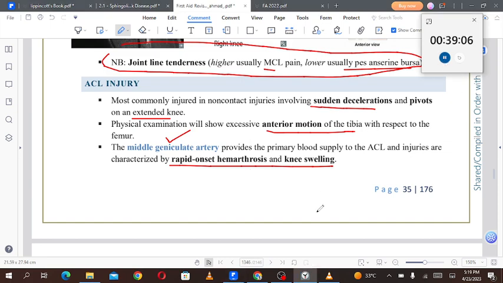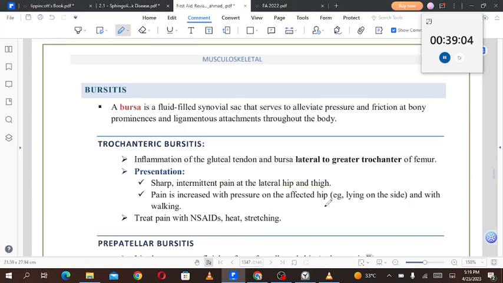After that, we have bursitis. A bursa is a fluid-filled synovial sac that serves to alleviate pressure and friction at the bony prominences and ligamentous attachments throughout the body. Some bursae are normally present, like the subacromial bursa, which is physiologically present.